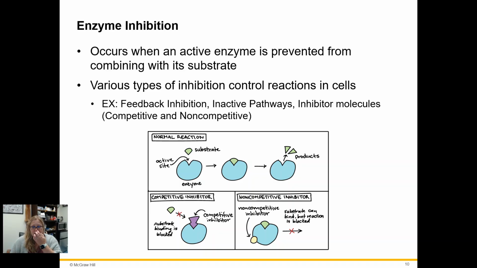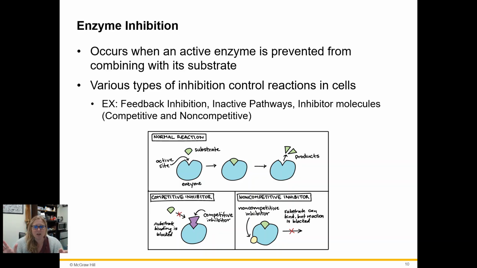Non-competitive inhibition is a little bit different. What that is actually doing is there is a secondary site on the enzyme called an inhibition site, and there can be an inhibitor, a non-competitive inhibitor, that binds to that inhibition site. In doing it, it basically changes the shape of the active site to such a place that the substrate might be able to bind, but the reaction is blocked.